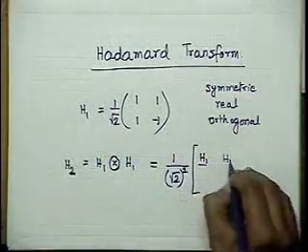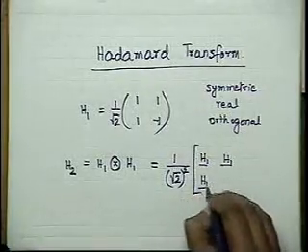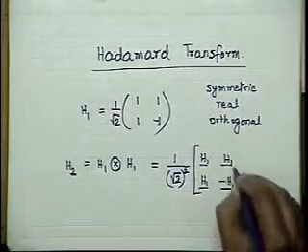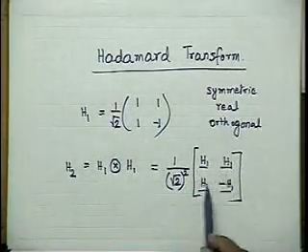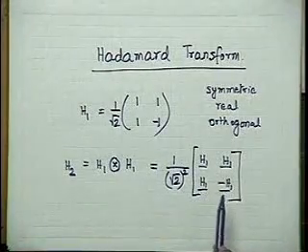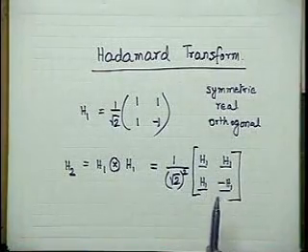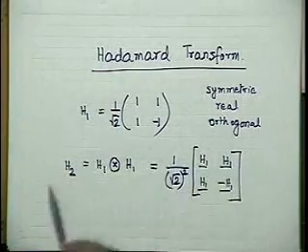H1, H1, H1, minus H1, in the block matrix notation. And H1 and minus H1, all of them are individually matrices.